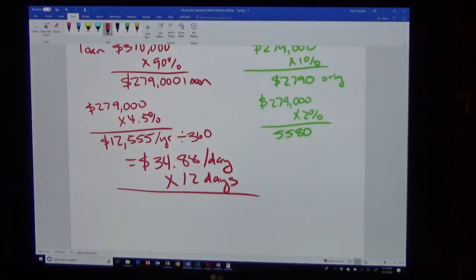So 34.88 times 12, and that's about $418.50 for interim interest.